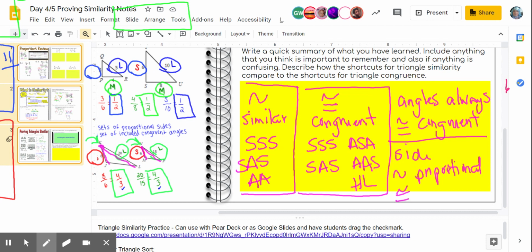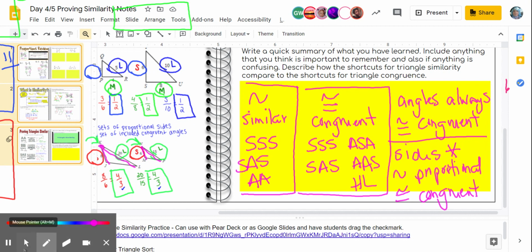And if they're congruent, then they're congruent. Okay. Questions on those?